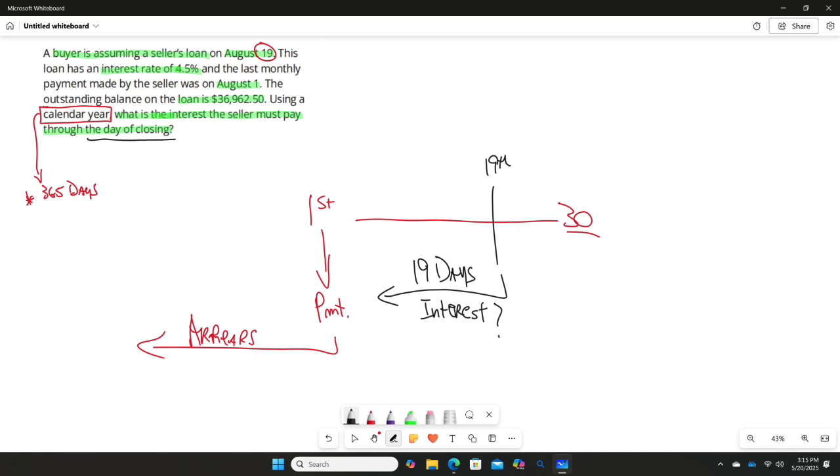So in other words, on the closing statement, they're going to have the seller's loan balance, the payoff for the loan balance, plus accrued interest. And normally they will just include that in one lump sum, but we're just going to break it out so you can see how this works.